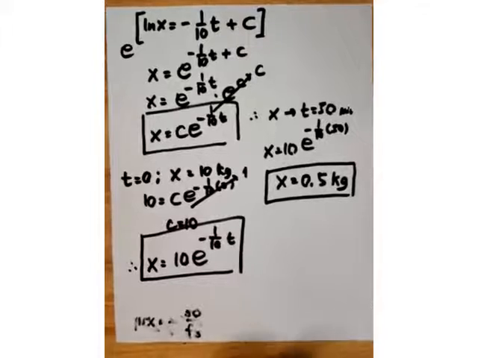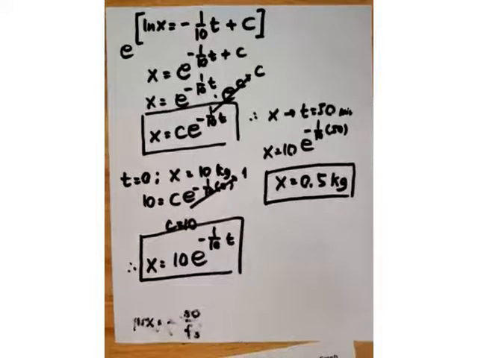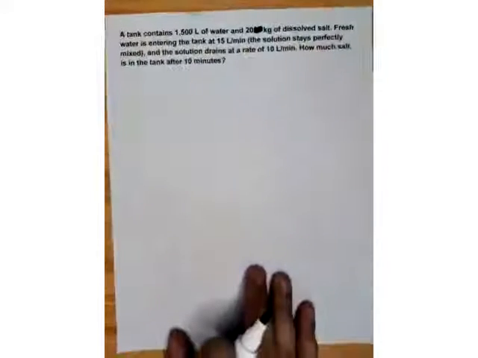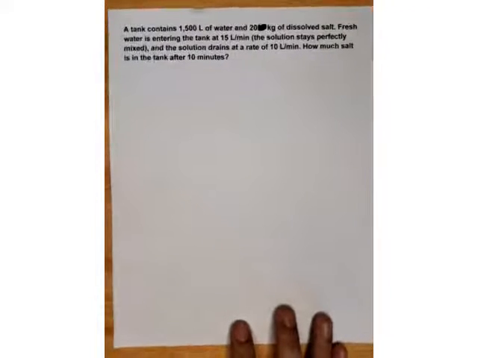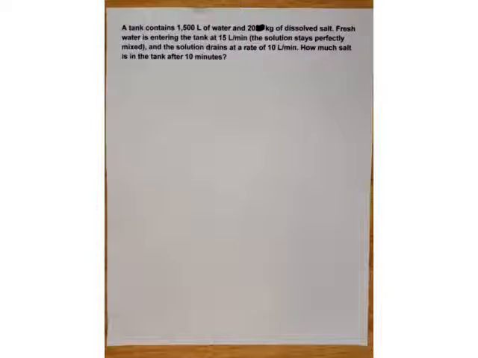So this is our last example for the day. Ayan. So a tank contains 1,500 liters of water and 20 kilograms of dissolved salt.